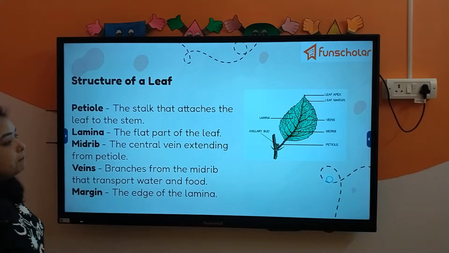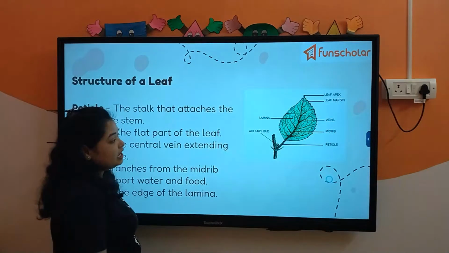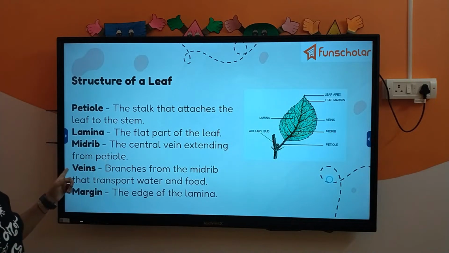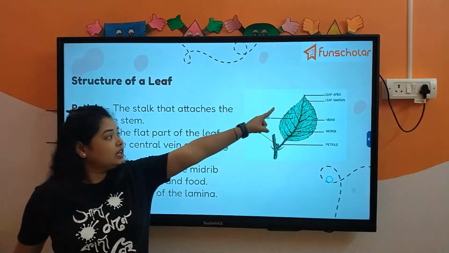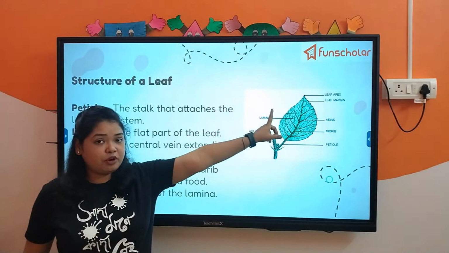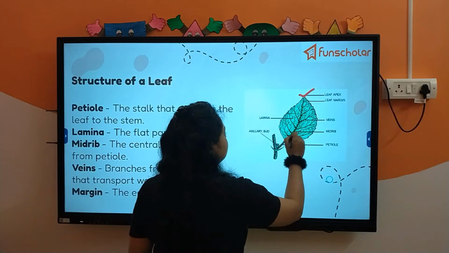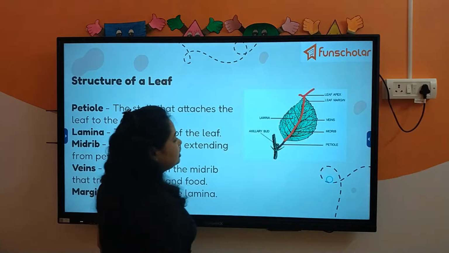Next thing is the midrib. What is the midrib? It is the central vein which extends from petiole to the leaf apex, means the tip of the leaf. That is known as the midrib. In this case, this is the midrib.